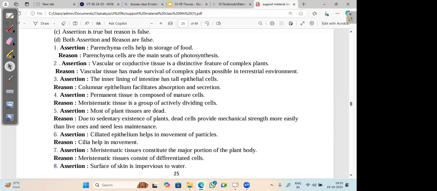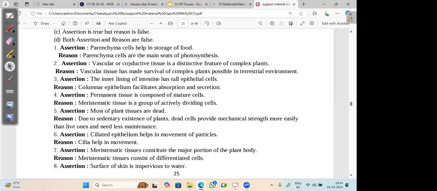Is the assertion correct or not? Anyone?